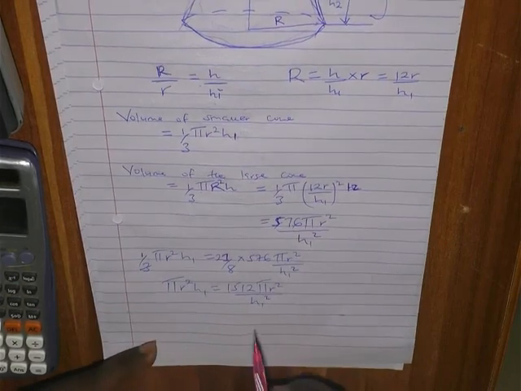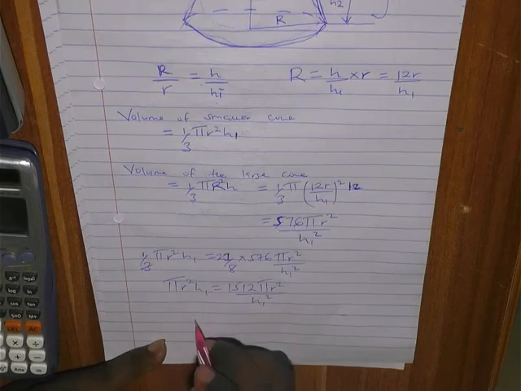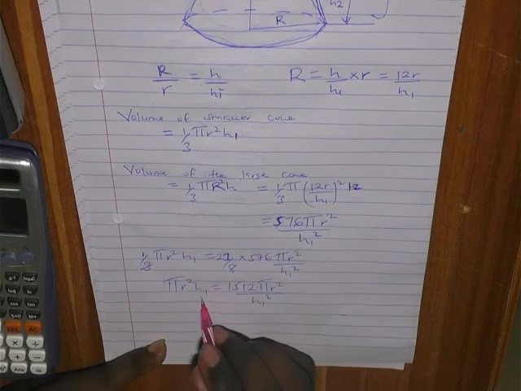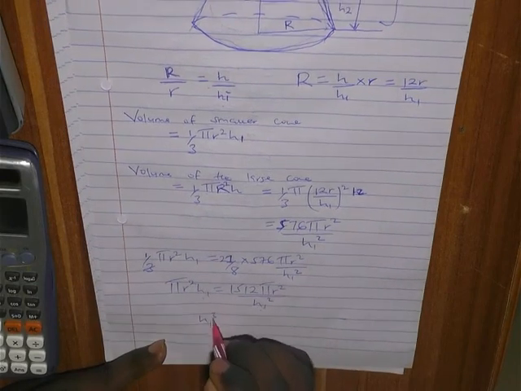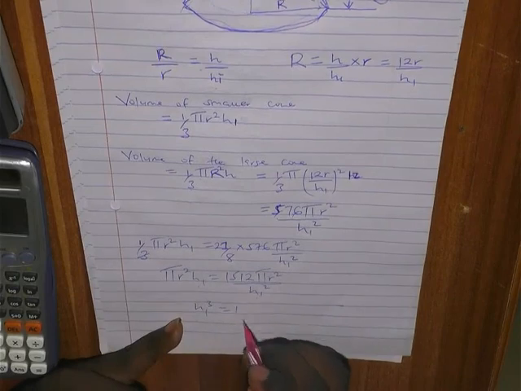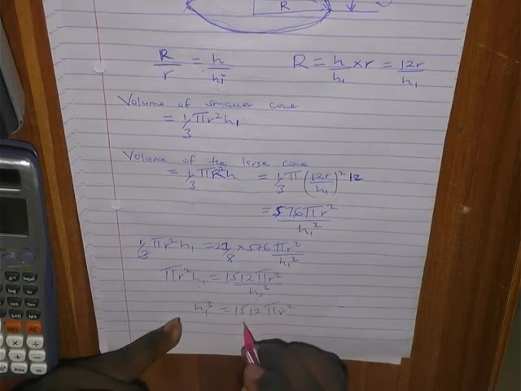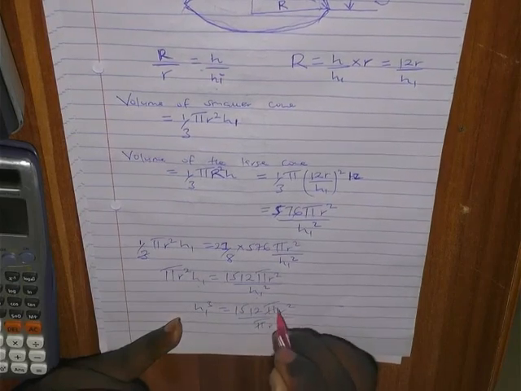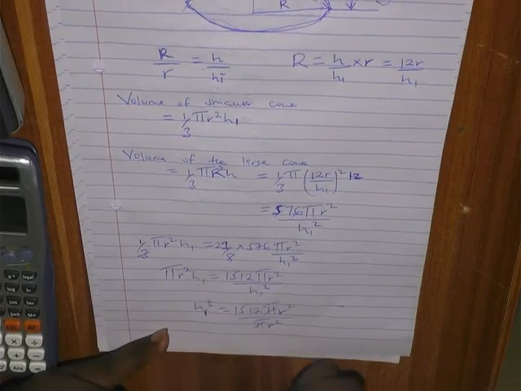So we are going to make h1 the subject of the formula. When you bring h1 to the other side, it's going to be h1 multiplied by h1 squared, which is h1 cubed, is equals to 1512 pi r squared all over pi r squared. So the pi r squareds are going to cancel each other, and h1 cubed is going to be left, okay?